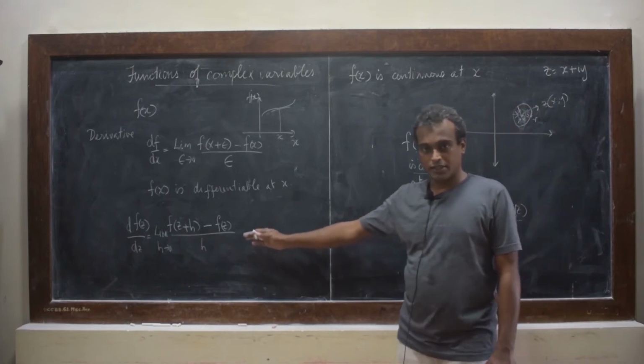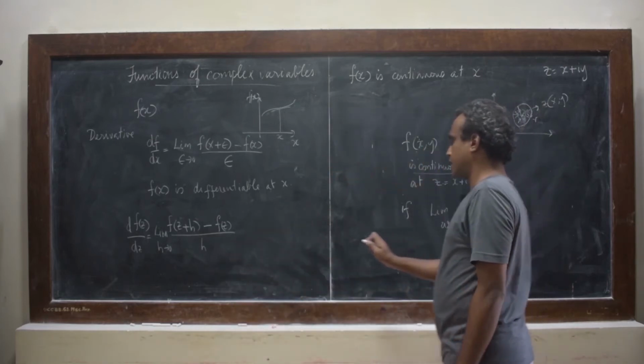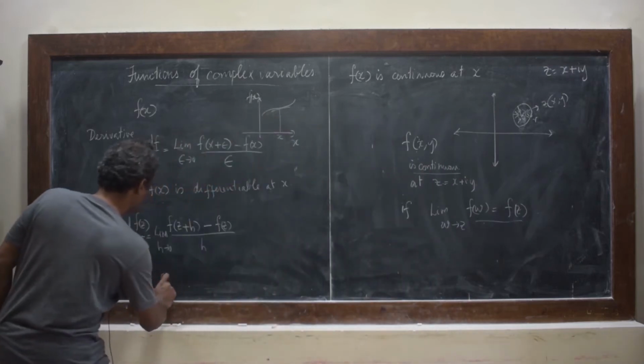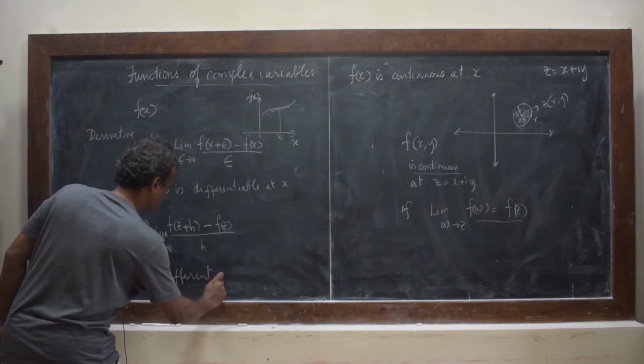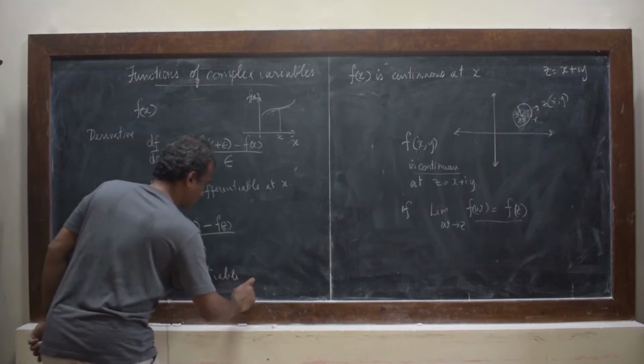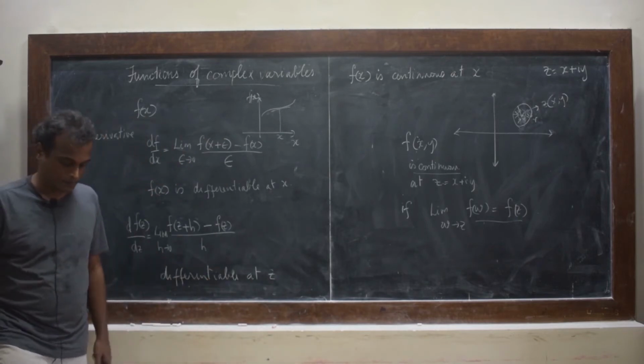If such a derivative exists for a function, we call such a function a differentiable function at z.